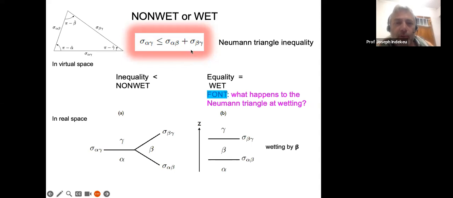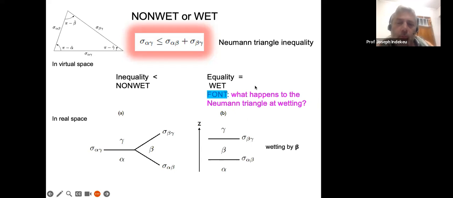And the choice I've made here is such that if this equality is realized, then the interfacial tension between alpha and gamma amounts to the sum of the other two interfacial tensions. But that would be consistent with alpha and gamma not being in direct contact anymore, but being separated by the intruding beta phase, which will prevent alpha and gamma from having direct contact.